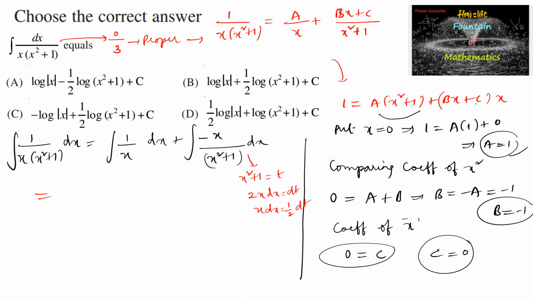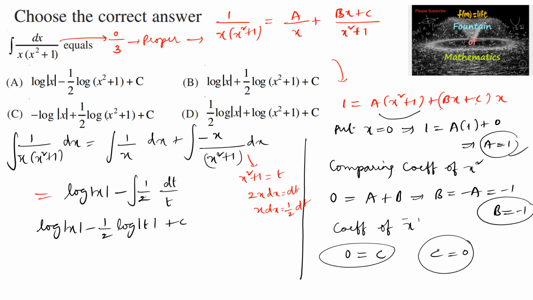So we can write 1 upon x dx is log x, and minus x dx is equal to 1 by 2 dt divided by t, that is log mod x minus 1 by 2 log mod t plus c, where t is nothing but x square plus 1. So we can go with the option log mod x minus 1 by 2 log of mod (x square plus 1) plus c, which is option A.